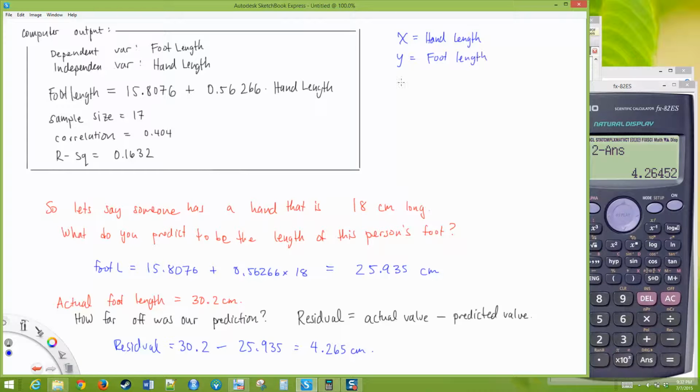What is the value of r? 0.404. Is our correlation value 0.404. So what does that tell us about the relationship between hand length and foot length? What's that? Yeah, so there's a positive trend, but it's not very strong, right?